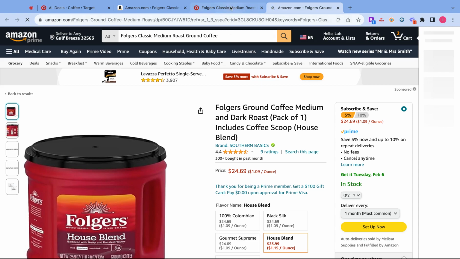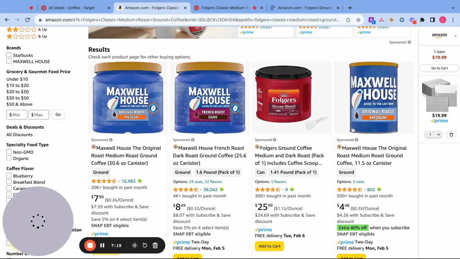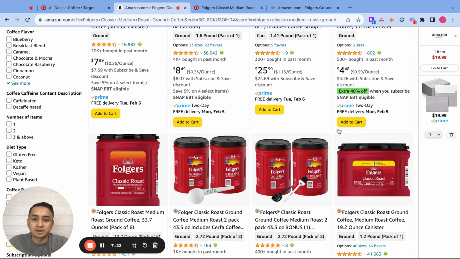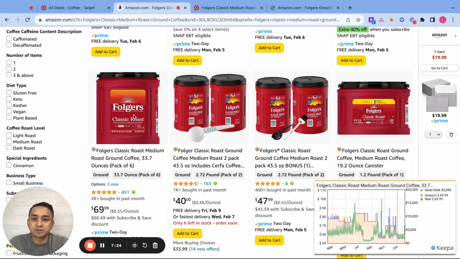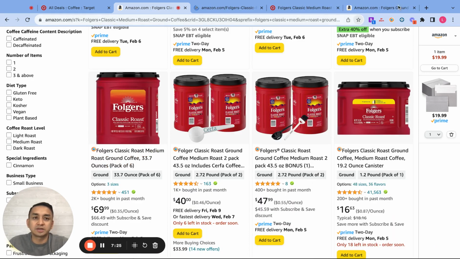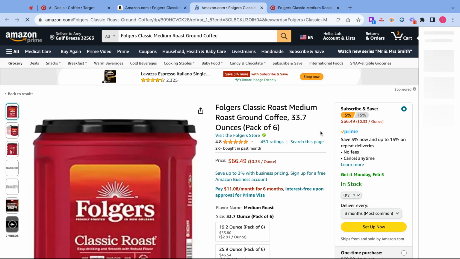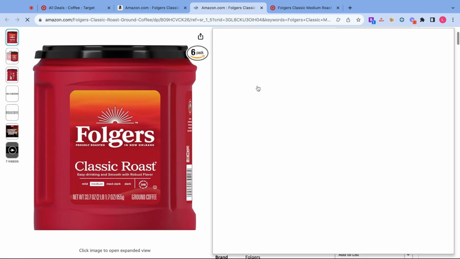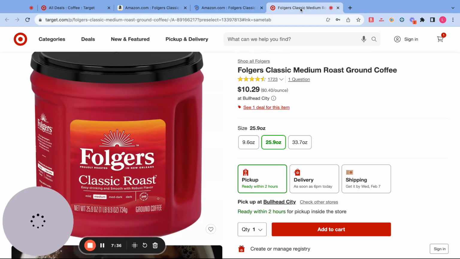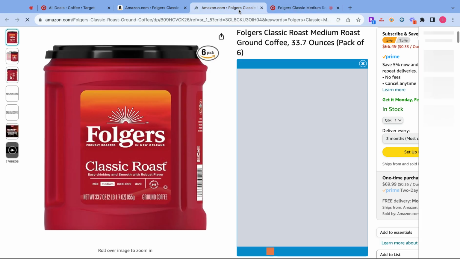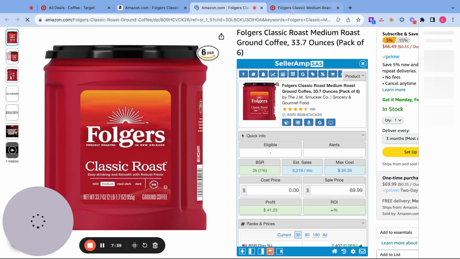Okay. Oh, house blend. It says house blend, so no, it's not that. Classic roast. Pack of 6. Interesting. Okay. So classic roast, pack of 6.